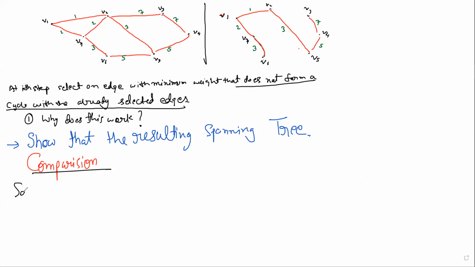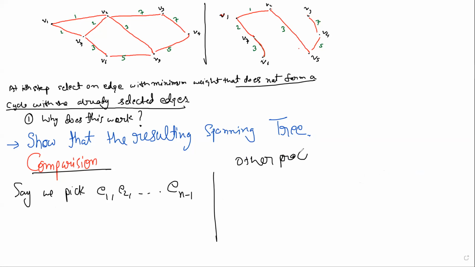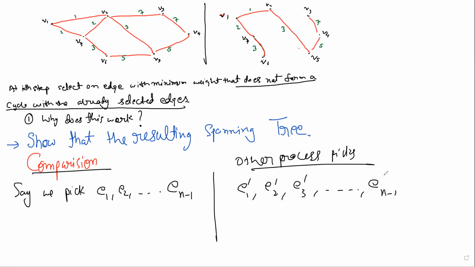Let's say we pick the edges E1, E2 till En-1. And let's say some other process picks E1 prime, E2 prime, E3 prime, till En-1 prime.